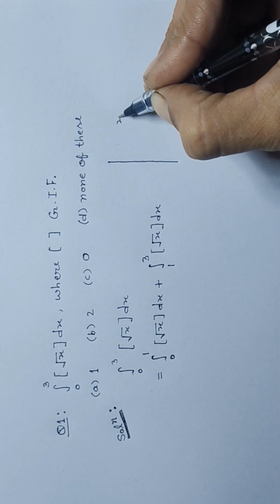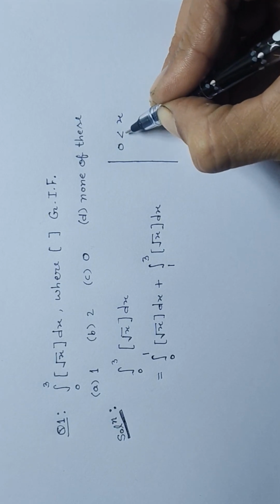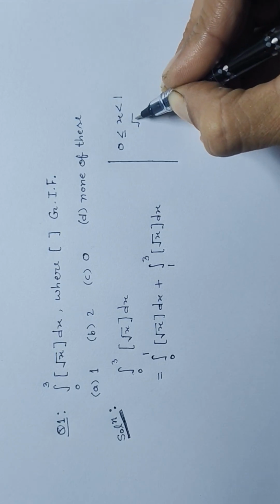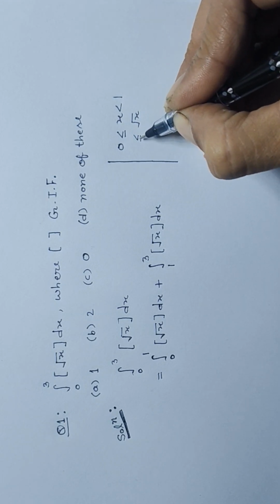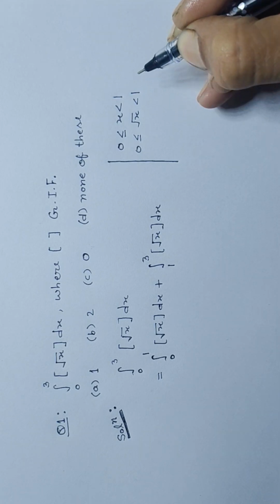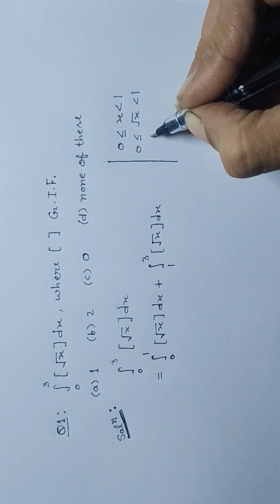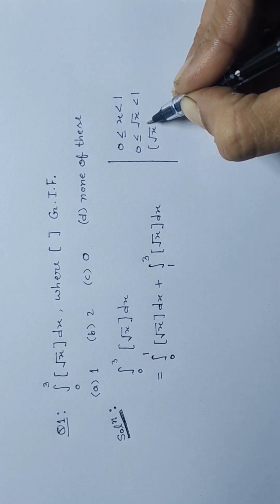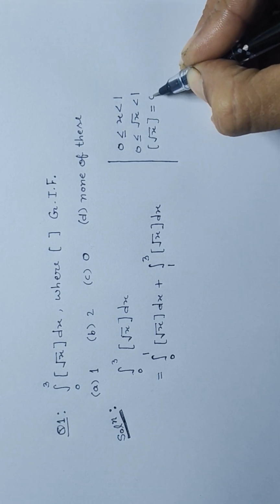If x lies between 0 to 1, then the square root of x also lies between 0 to 1. So the greatest integer of root x is equal to 0.